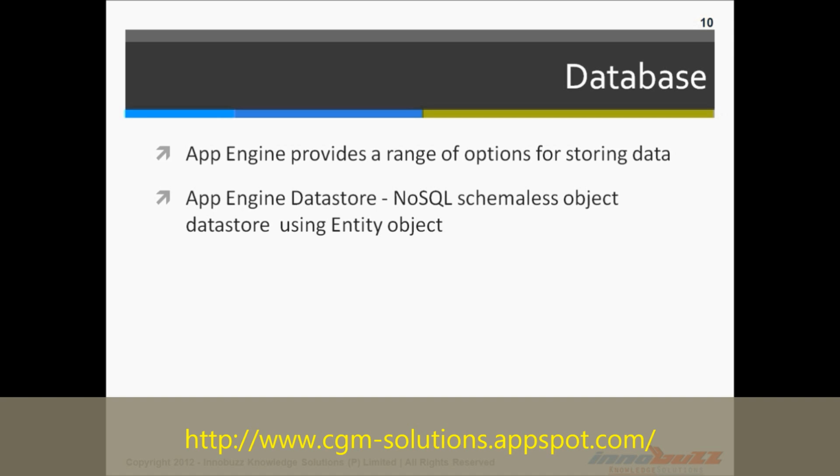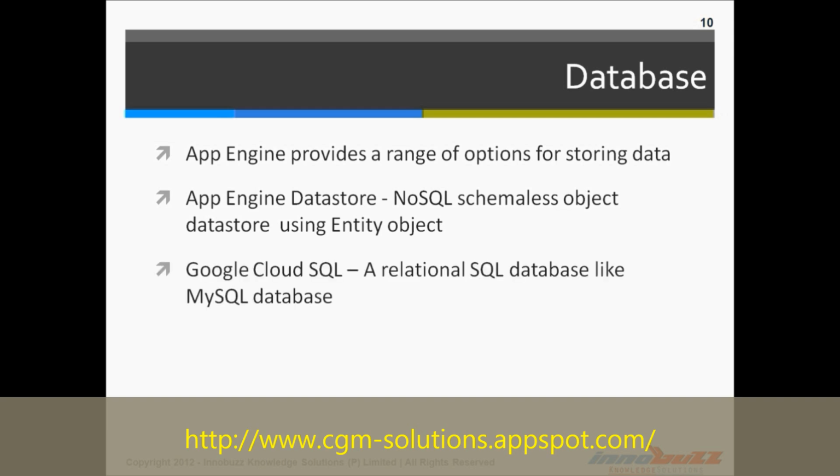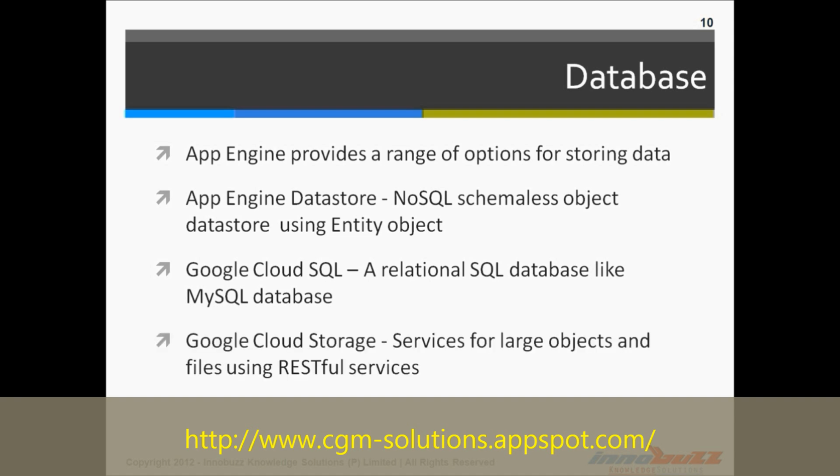App Engine Data Store is a NoSQL schemaless object data store using entity objects. Google Cloud SQL is a relational SQL database like MySQL. Google Cloud Storage is a service for large objects and files using RESTful services.